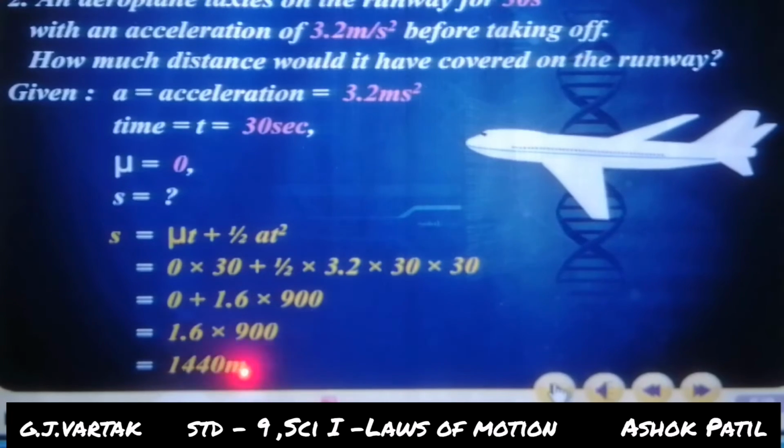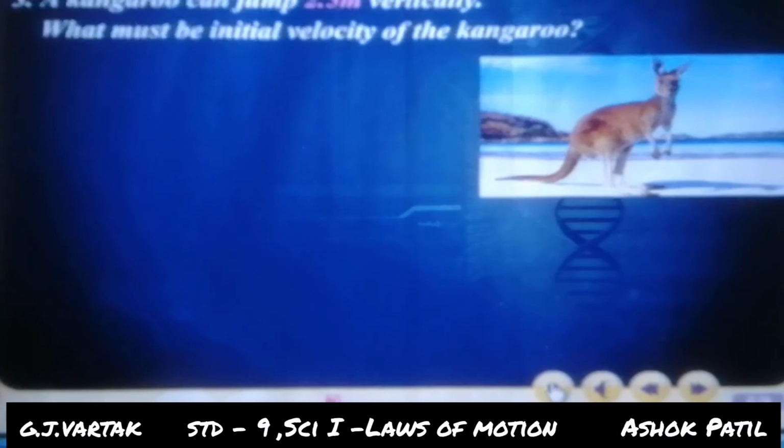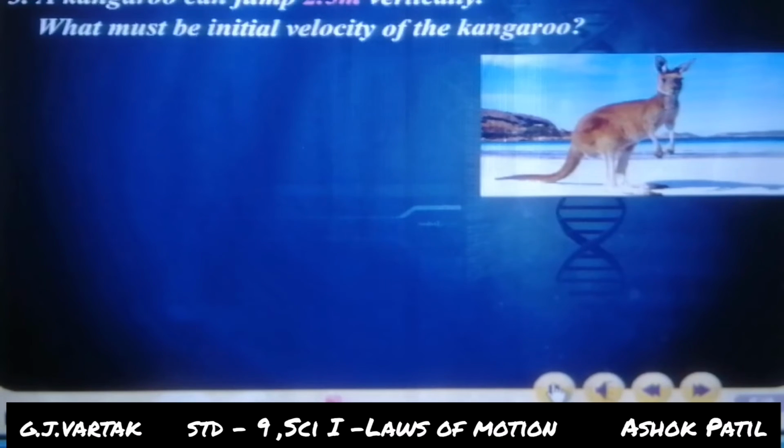First, one decimal point, that's why the extra 0 is not written, because it is 1440 meters. Then s is equal to 1440 meters, the distance covered.